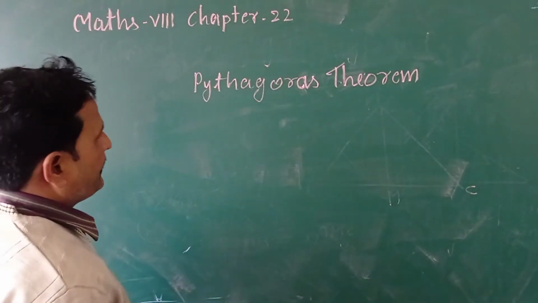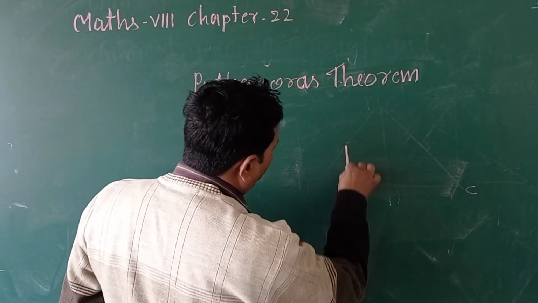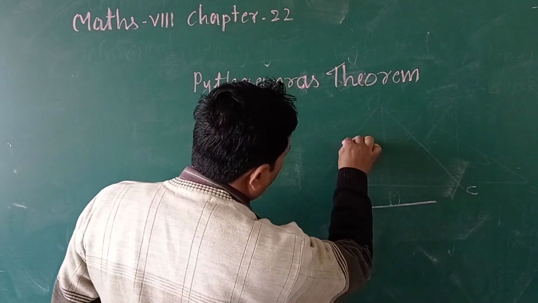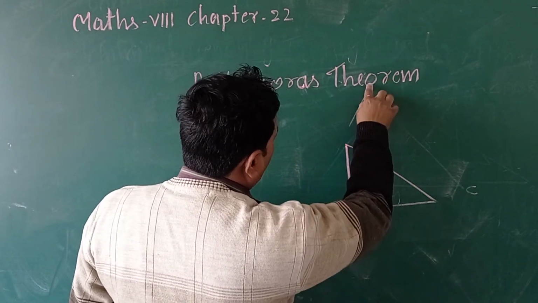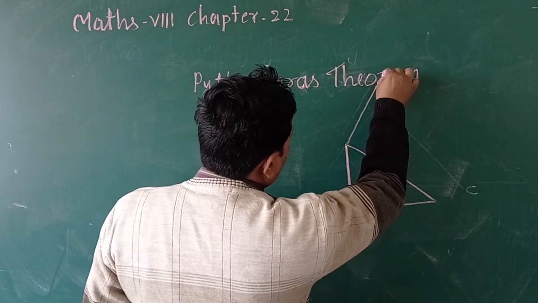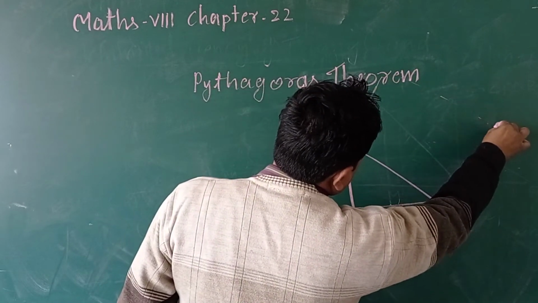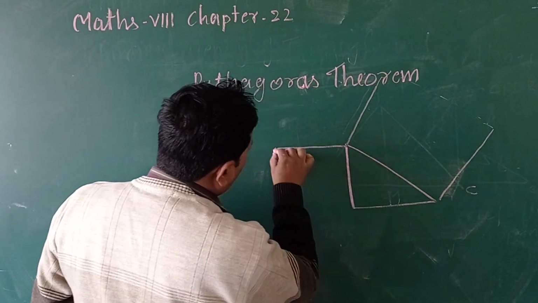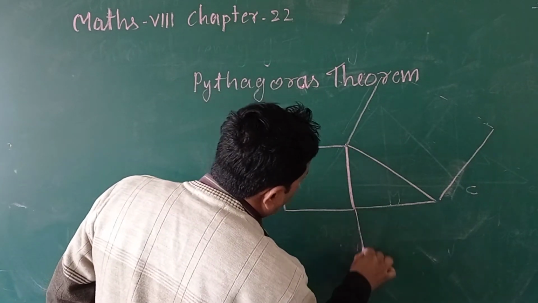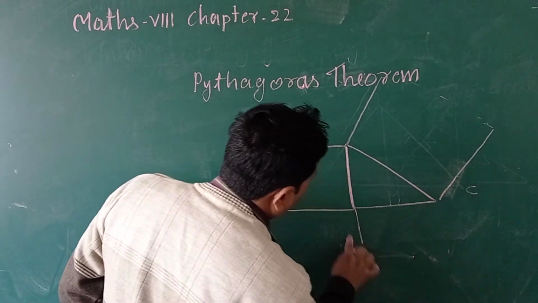Its statement is that in a right angle triangle, the square formed on the hypotenuse is equal to the sum of the squares formed on the other two sides of the triangle.